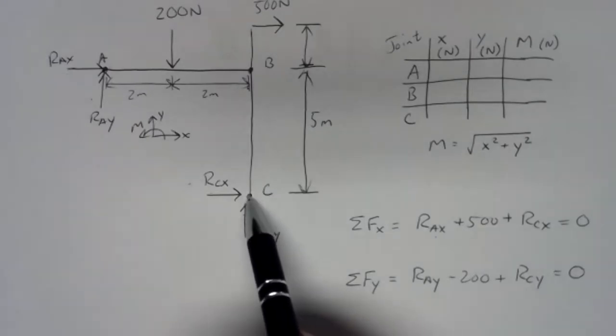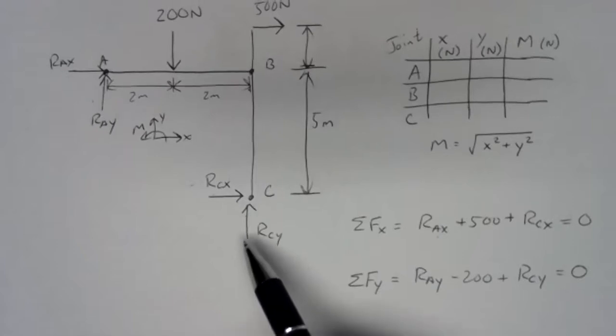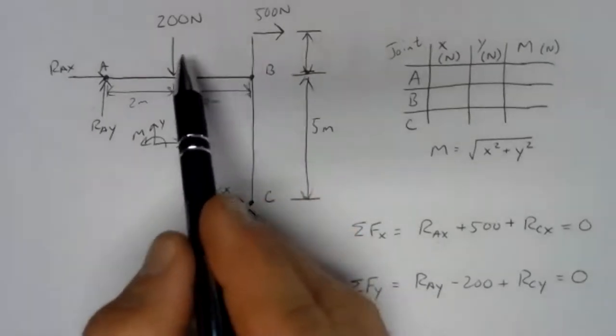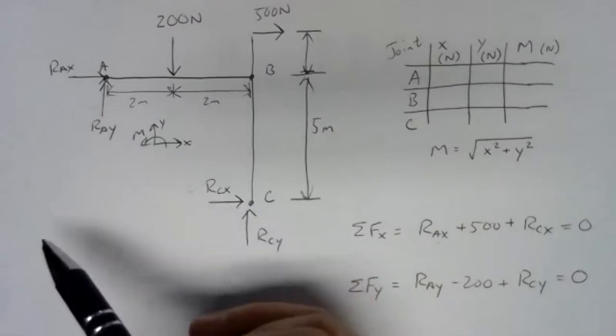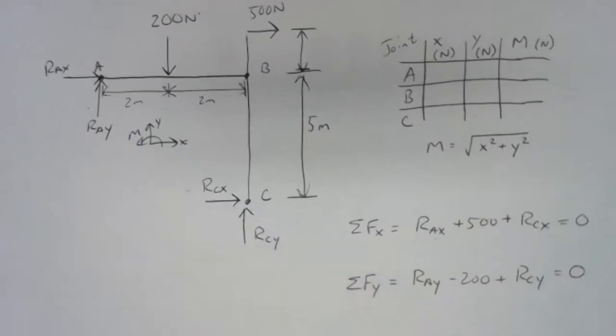If we pick joint C as our pivot point, we'll lose RCX and RCY, but 500 newtons will still have a moment, 200 newtons will still have a moment, and both RAX and RAY will still have moments. So there's no way around it in this problem. No matter what point we pick, we're going to end up with an equation that has more than one unknown.